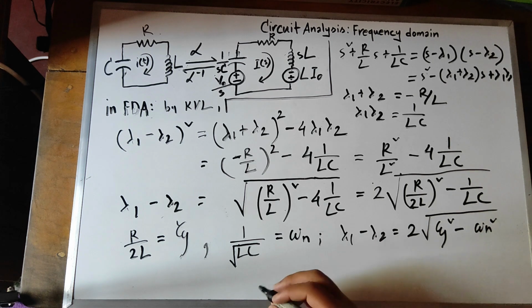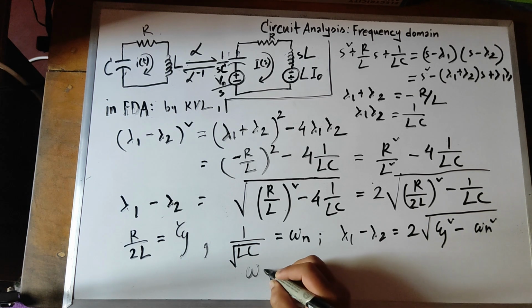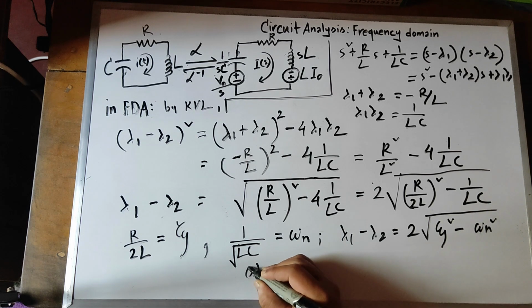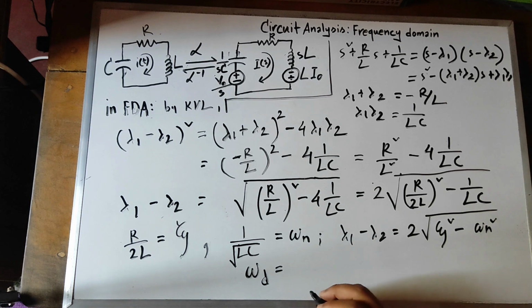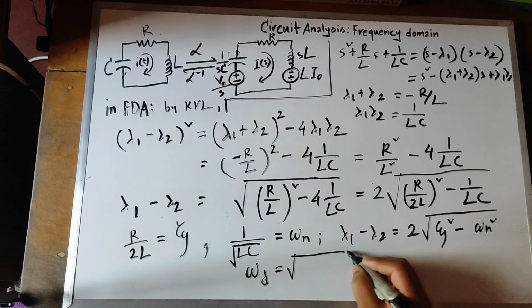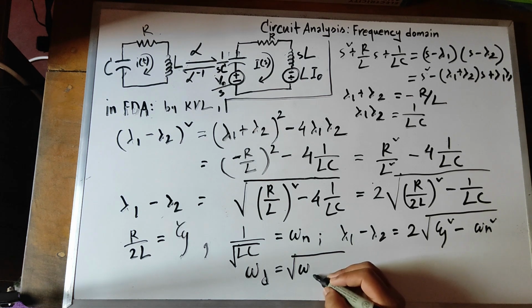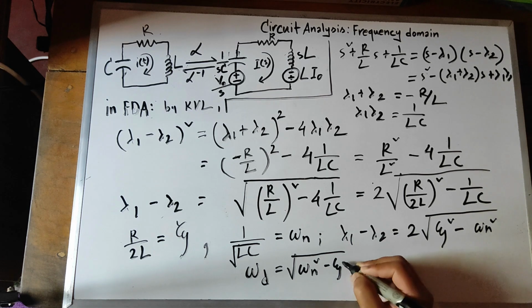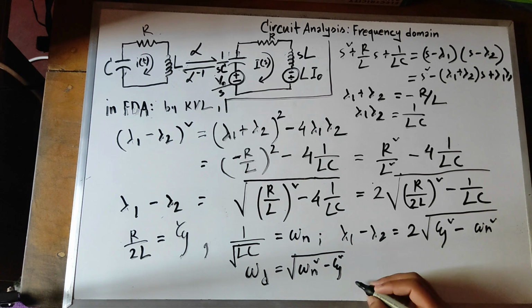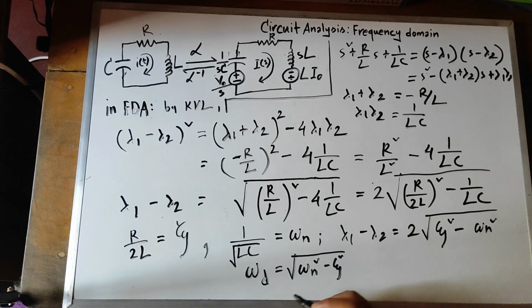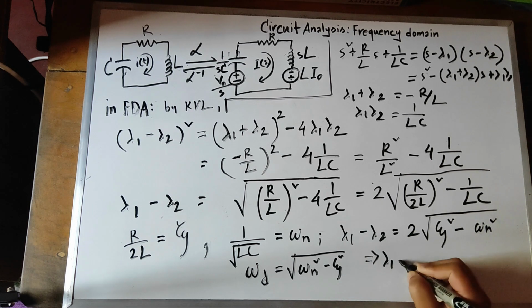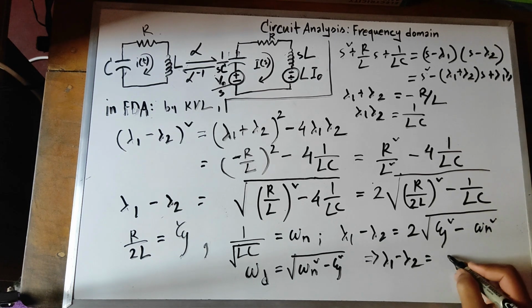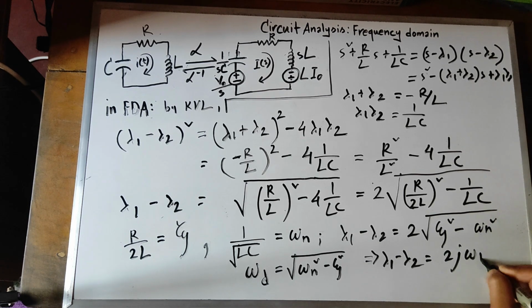If we further define omega d as the damped natural frequency, which is root over omega n square minus psi square, the damping factor square, it will give us lambda 1 minus lambda 2 is 2 j omega d.